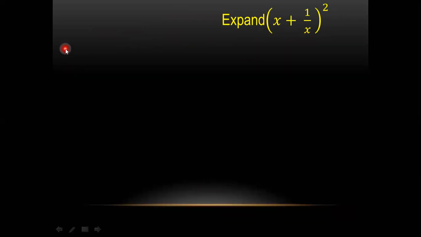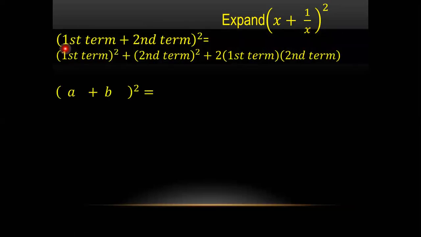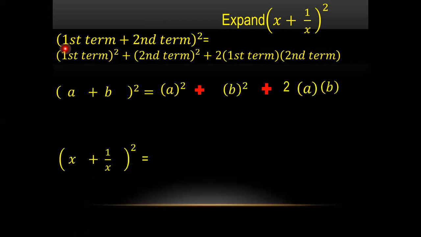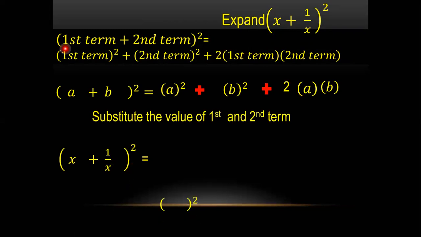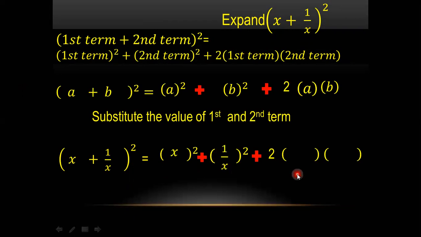A is x and b is 1 over x, and we have to expand it by using the same formula. A plus b whole square is equal to a square plus b square plus 2ab. Now I'm substituting the value of the first and the second term after writing down the blank slots first. The first term is x. Here I'm putting x. The second term is 1 over x. I'm putting 1 over x.